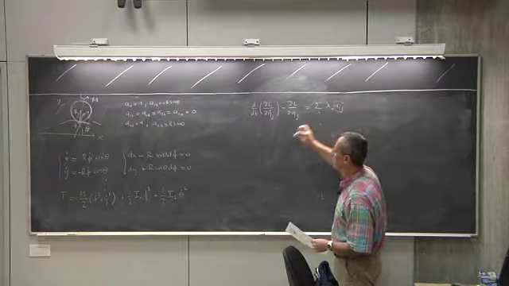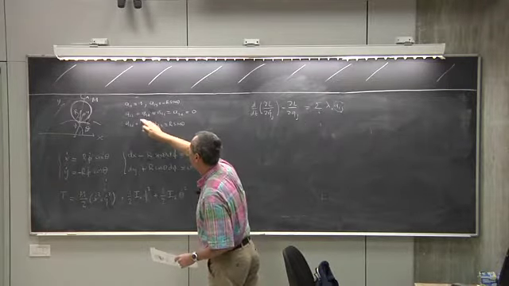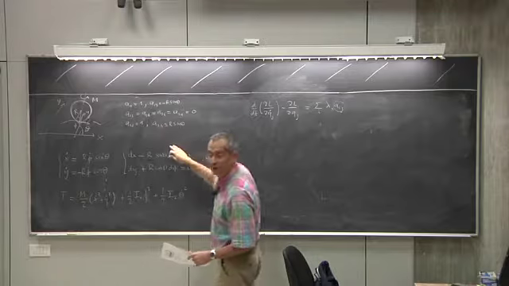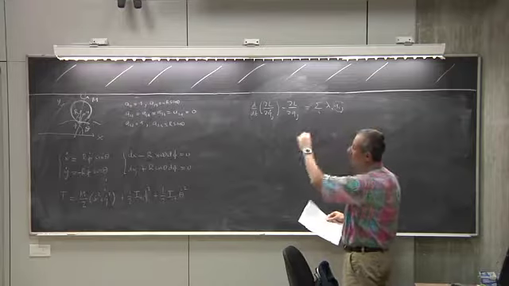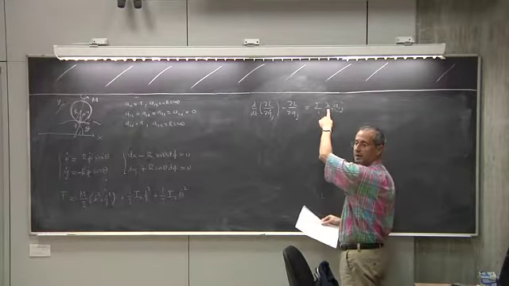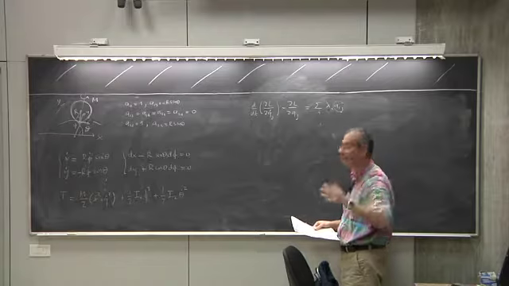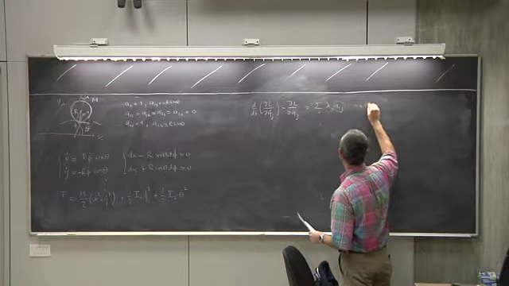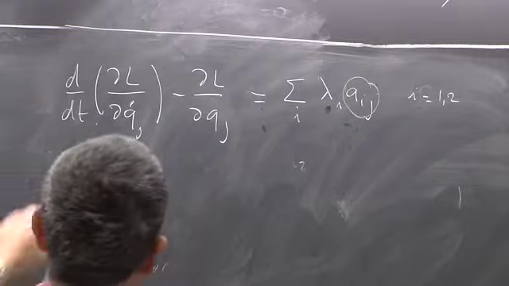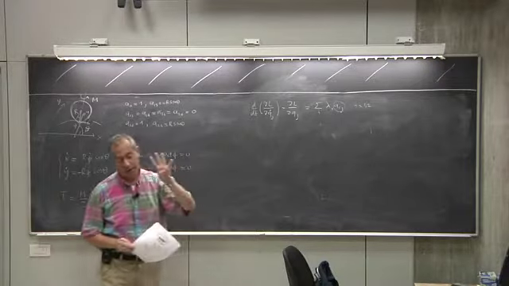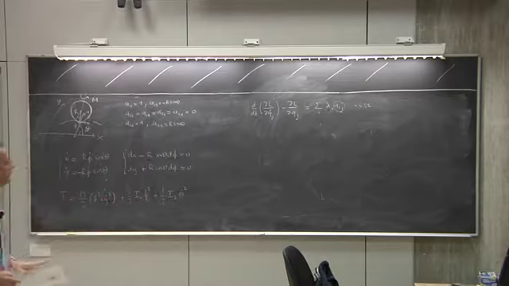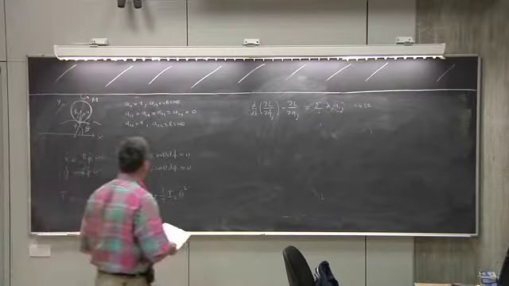And these I know because we just determined them. Many are zeros. I have just 4 of them that are different from 0. So I have to be careful here. And as I said, because I had 2 constraints, I have 2 of these lambdas. Okay, so let's call it lambda 1 and lambda 2. So i goes from 1 to 2. So let's write the first one. I'm sorry, I have 4 Lagrange equations because I have 4 degrees of freedom.